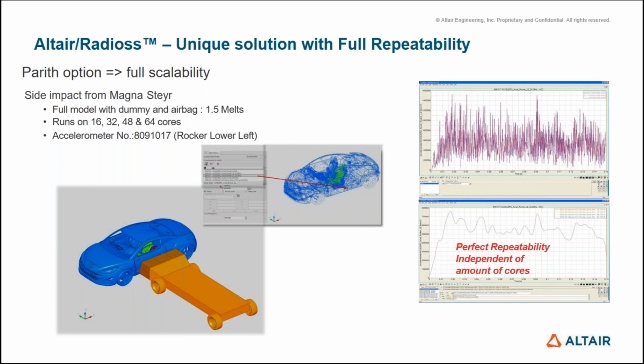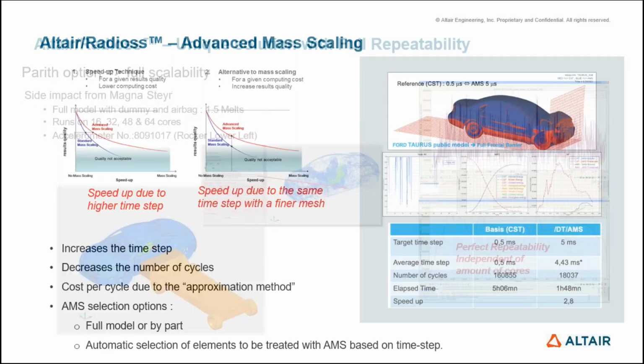But with the help of the parity option, which is default on in Radioss, once you submit any explicit job, the parity option is on, and you will get repeatability of results. So accuracy of the result will not be compromised, even if you increase the number of cores. That is the meaning of repeatability, and that is again a biggest feature of Radioss. Independent of the number of cores we are using, you will get the same results.